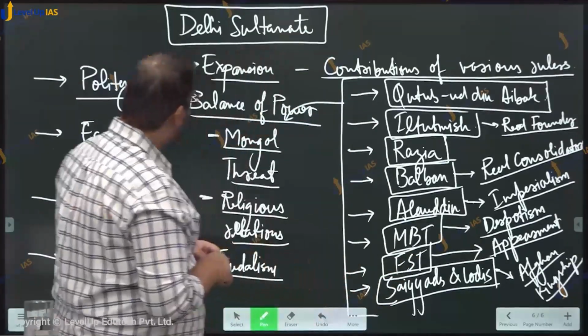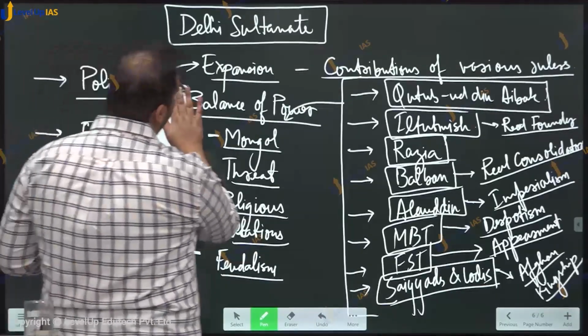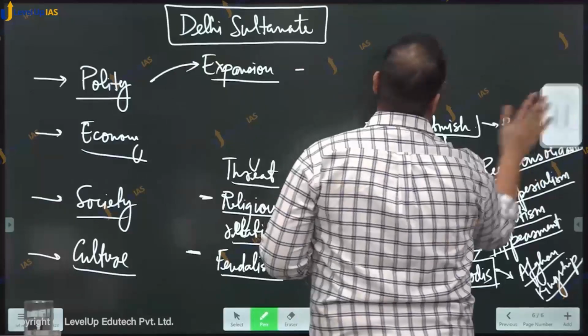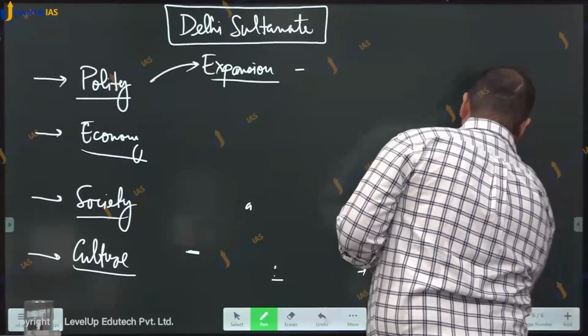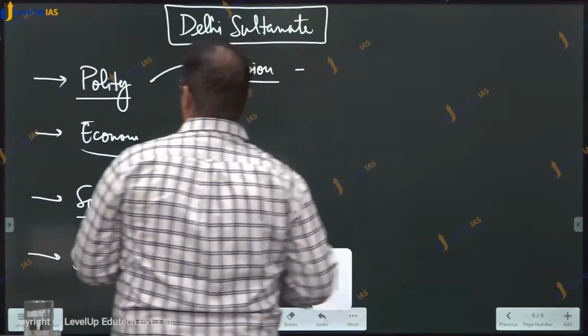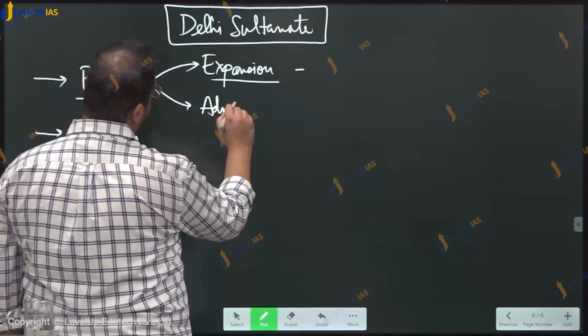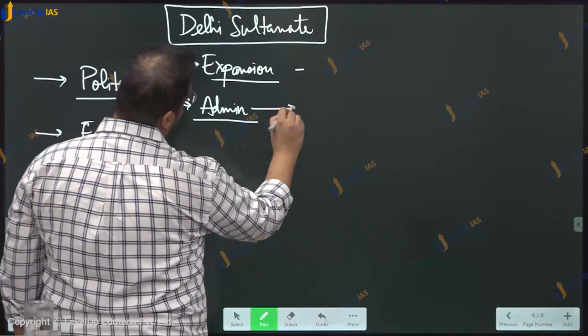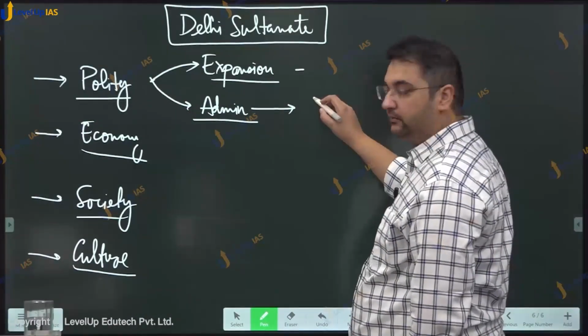ठीक है, तो एक तो ये चीज हमको एड्रेस करनी है. दूसरा क्या एड्रेस करना है पॉलिटिक्स में? The administrative structure. क्या क्या देख सकते हैं हम यहां पर, बताओ?